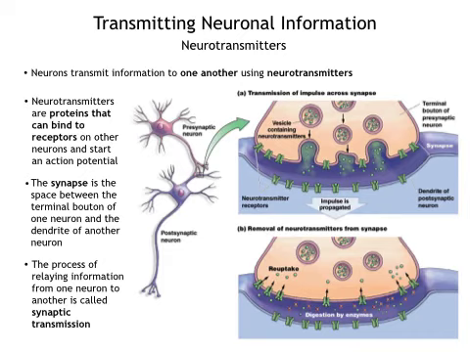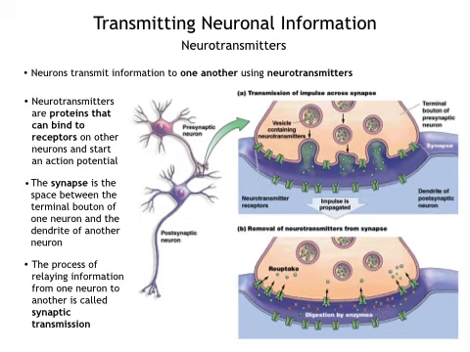And then those neurotransmitters are going to bind to receptors, and the impulse begins in the other neuron, the postsynaptic neuron.